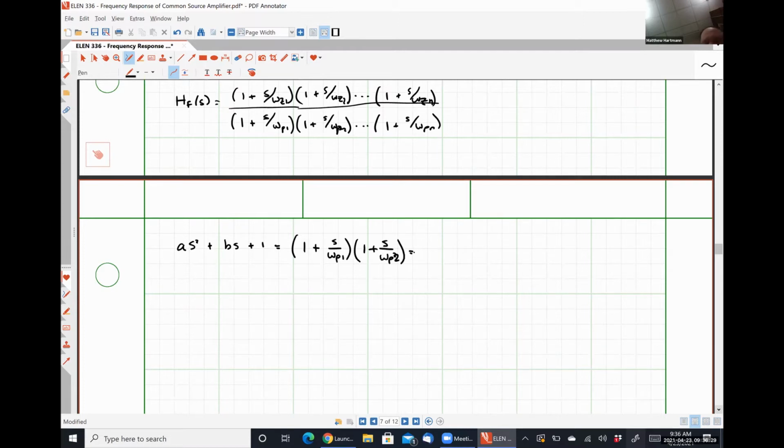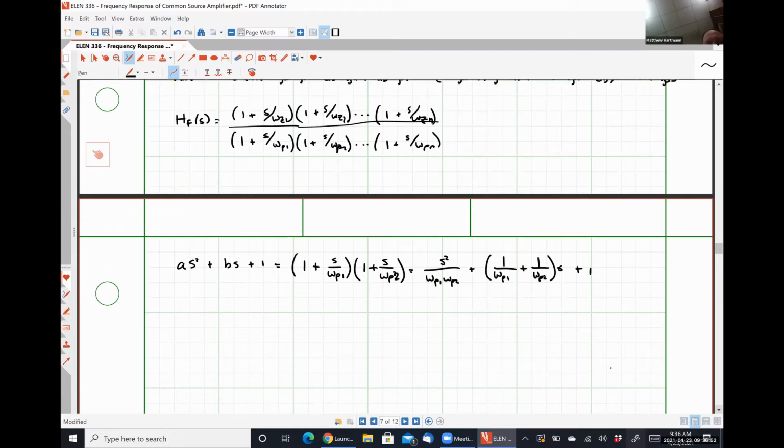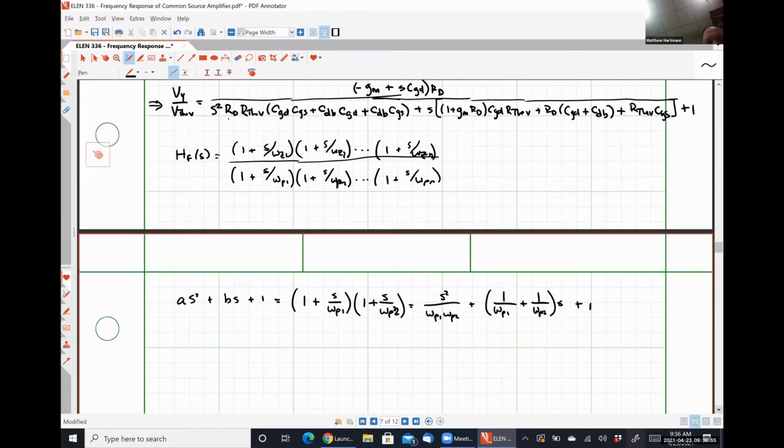If we FOIL this out, what we're left with is S squared over omega P1 omega P2 plus 1 over omega P1 plus 1 over omega P2 times S plus 1, which means this big ugly thing right here is A, and this big ugly thing right here is our coefficient B for our quadratic equation.